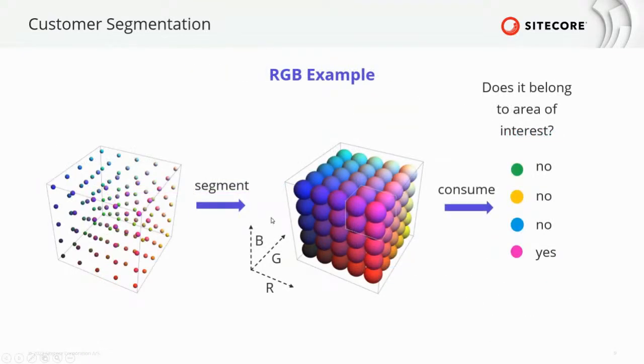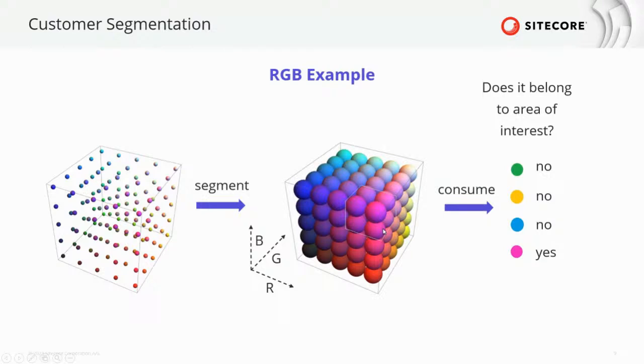So just imagine that we have a random set of different colored points. If we represent them in the form of a three-dimensional cube with red, green, and blue axes, then sort them by colors and divide them into equal segments, then for any random point with any random color, we can easily answer the question, does it fall into any area of interest or not?